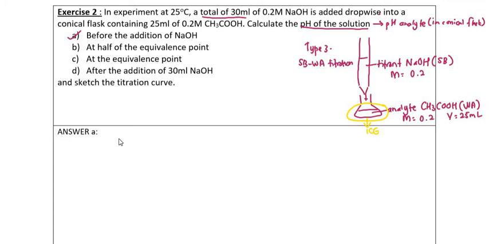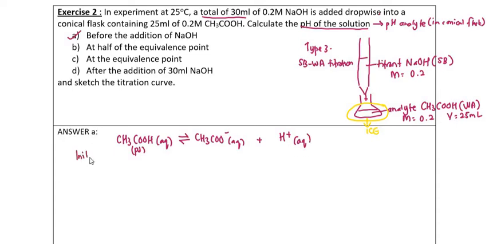If you want to start with the ICE table, you have to dissociate your weak acid. CH3COOH aqueous, reversible arrow, becomes CH3COO minus, because this is a weak acid, that means this is a proton donor, and H plus.